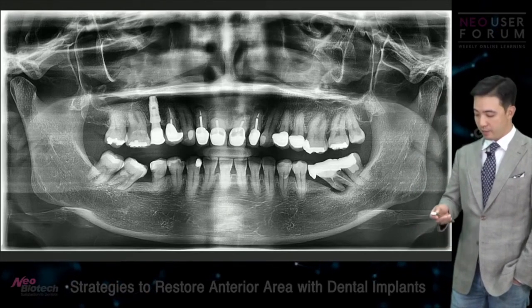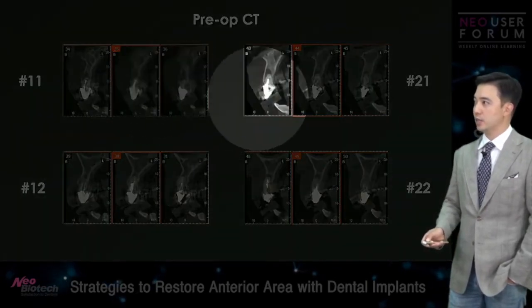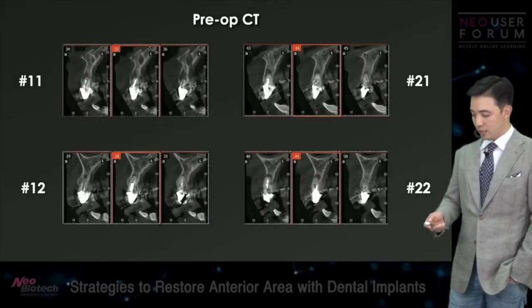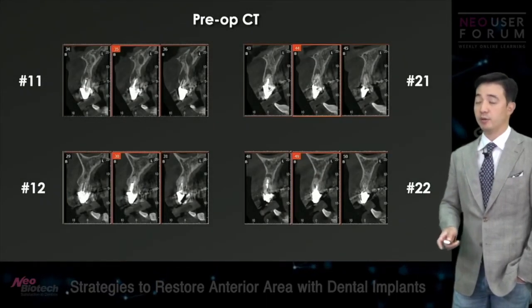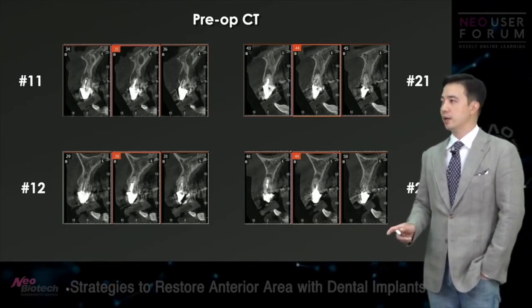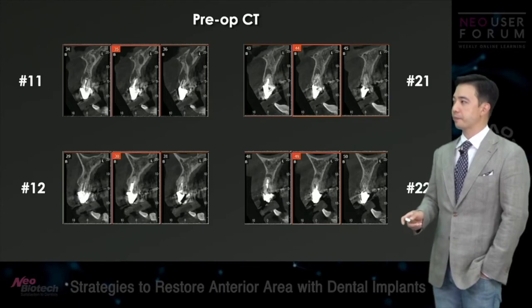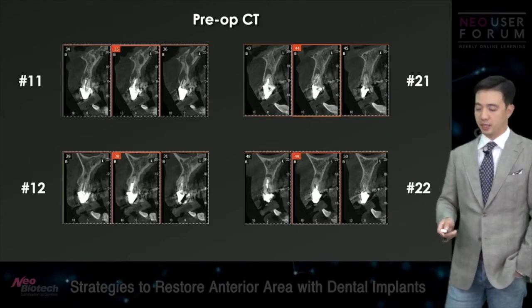But all of them had periradicular osteitis, as you can see from the CT scan. So what we decided to do was to take them all out, place implants on number 12 and 22 and make a 4-unit FPD.